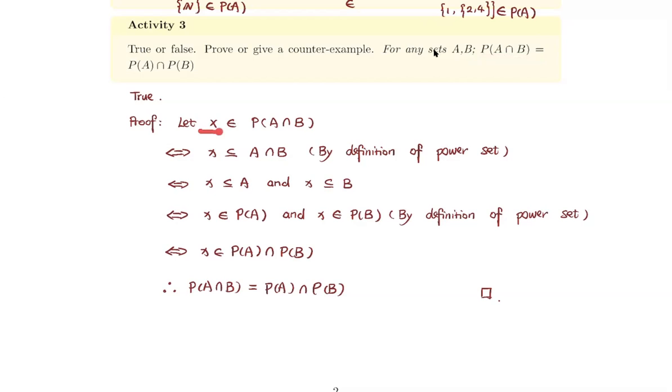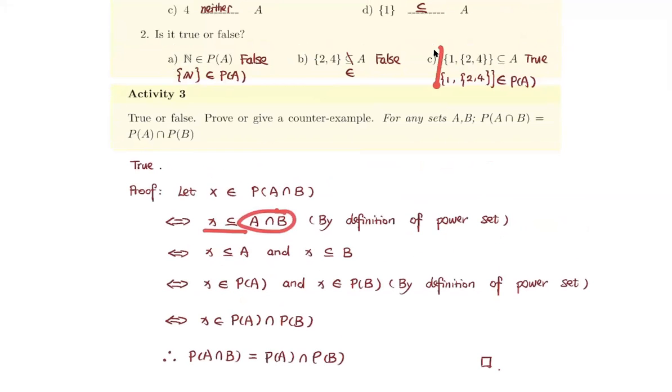So let X be an element of the power set of A intersect B. Remember, I said if a set is an element of the power set of a set, then it becomes a subset of the original set, just like here. I just mentioned that. So by definition of power set, X becomes a subset of A intersect B. This means that X is a subset of A and X is a subset of B.